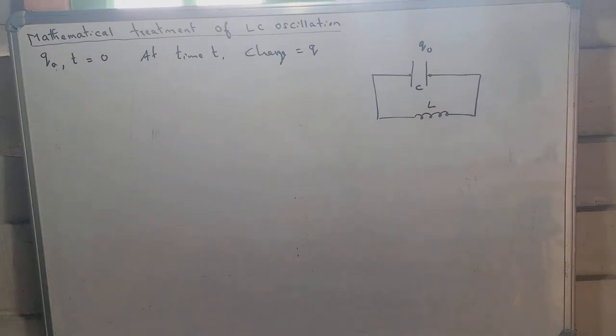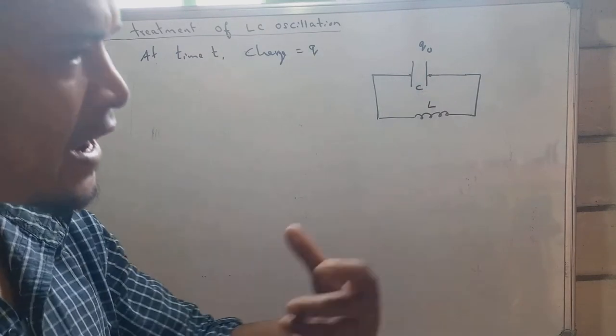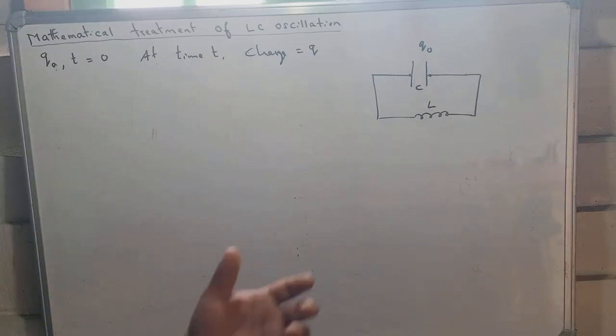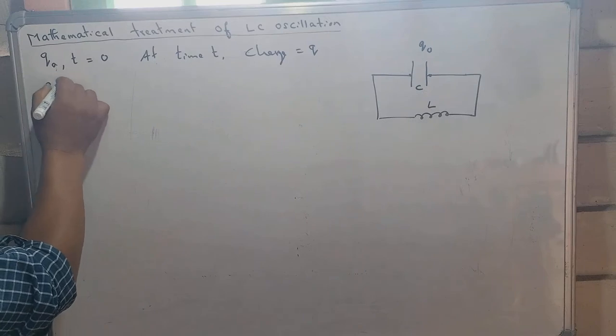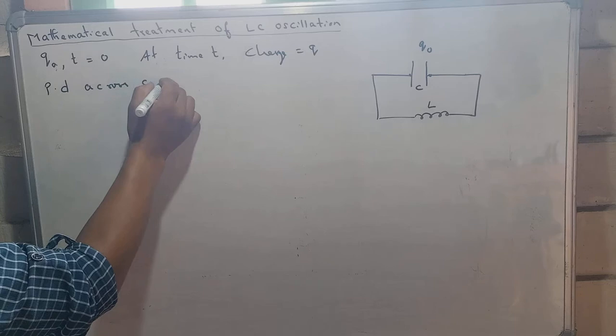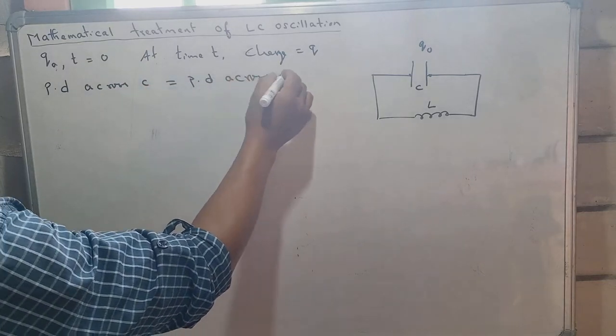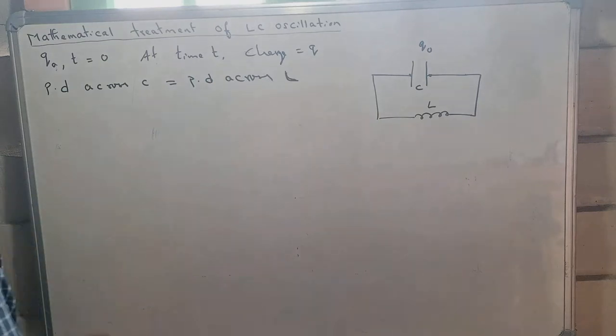Now what happens here is this. The potential drop across the capacitor and the inductor at every instant of time is always the same. Which means the potential drop across C is always equal to the potential drop across L at every instant of time.